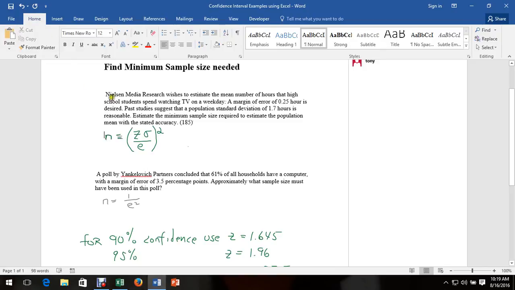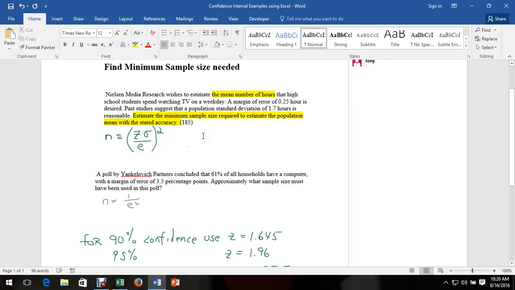And from the past, they have found that a population standard deviation of 1.7 hours is reasonable. So they want you to estimate the minimum sample size required. That's the key. They're asking you to find n, the minimum sample size required. Well, here's a formula for the mean number of hours. That's what's important, that this is for mean number of hours. The formula is pretty easy.